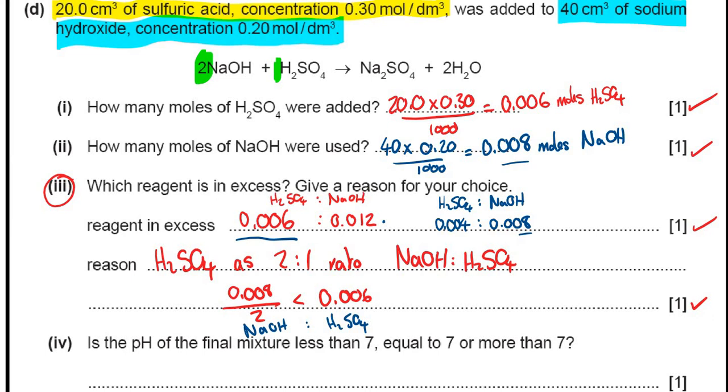There's going to be some acid left over. So therefore, the mixture is going to be less than pH 7. It's not going to be neutral. It's going to be less than 7 because we've got more acid than alkali. So the pH is going to be acidic.